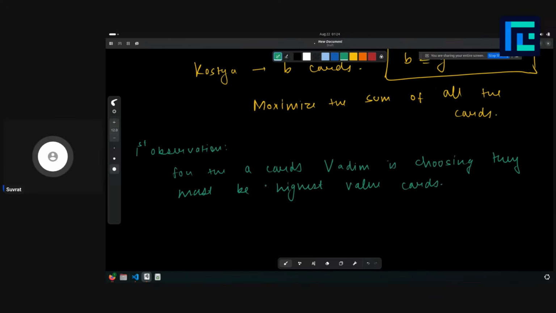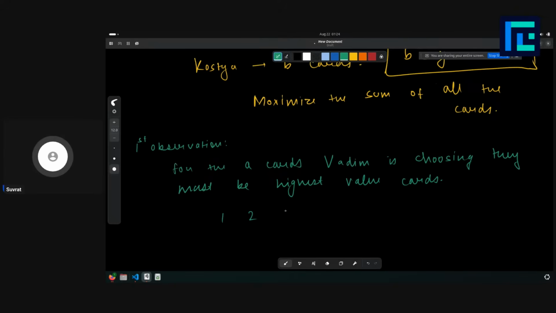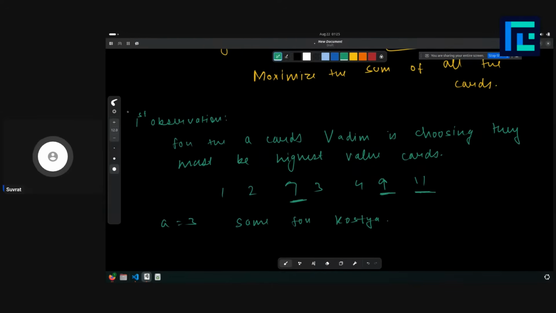Basically, if Vadim had, let's say, 1, 2, 7, 3, 4, 9, 11, and he had to choose, and let's say A was equal to 3, then he would obviously choose the top 3 highest cards, right? And the same for Kostya. So basically, we will always choose the highest cards that are in our deck.